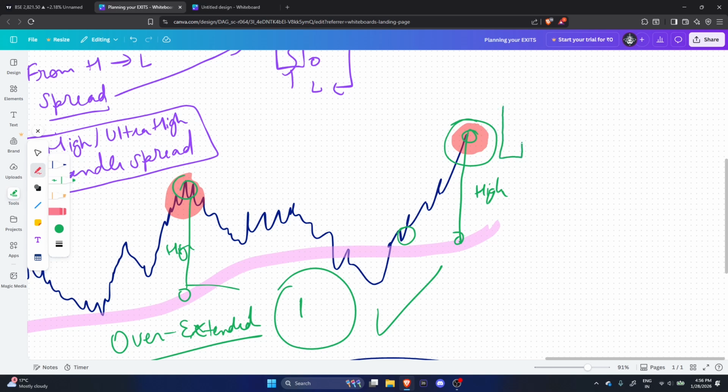I want a big, huge green candle in this overextended market. If the previous candles were something like a spread of 2%, 1%, 5%, 3%, and suddenly you see a huge candle, let's say a 15% candle, comparatively this is a pretty high spread, right?